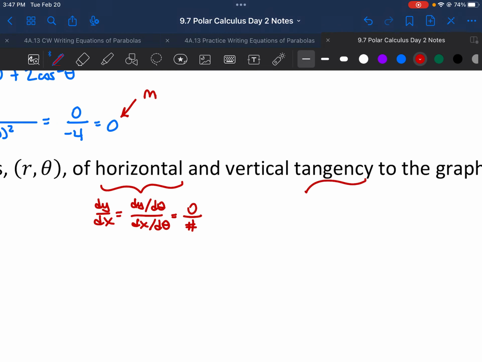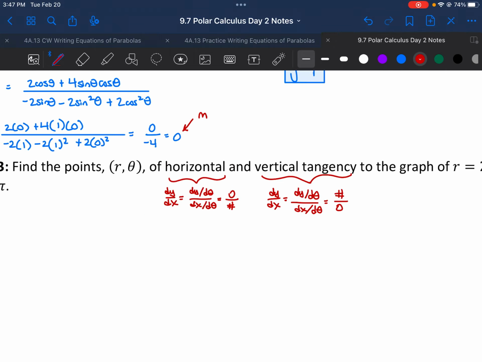And when we think vertical tangency, we want to be thinking dy dx, which again is dy d theta over dx d theta, is some non-zero value over 0. Okay, remember that's what we want to be thinking when we see horizontal and vertical tangency.